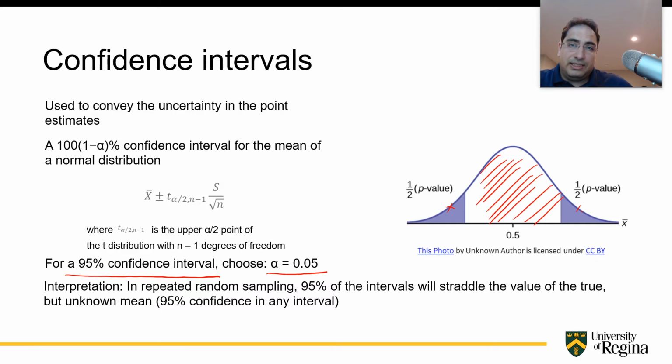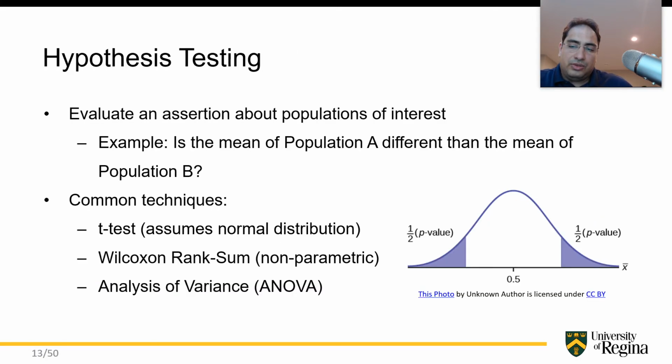And we're using this to do something very interesting, which is hypothesis testing. So in hypothesis testing, sometimes you want to know if the mean of one population is different from the mean of another population. Why would you want to know that?